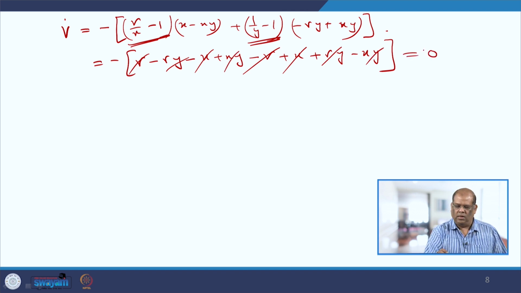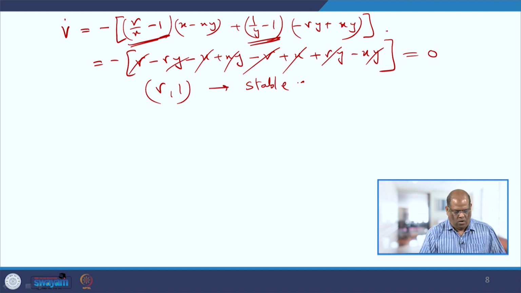Which means that your gamma, 1 is Lyapunov stable or stable, which coincides with the Lyapunov's indirect method. So, whether you use the indirect method or the direct method, in both cases you get the same answer.